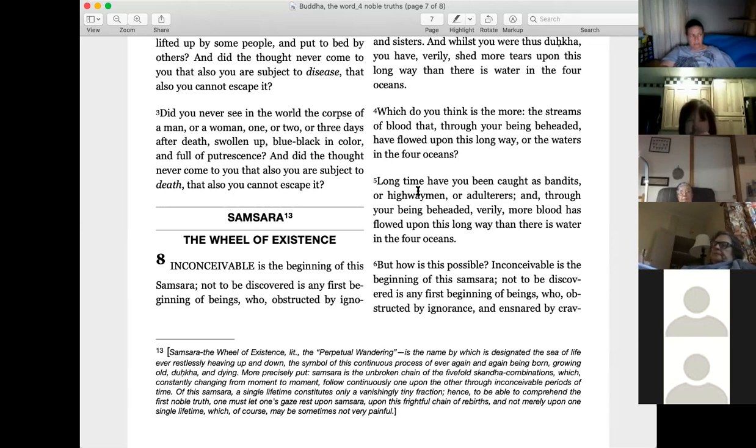So few of us can even conceptualize how infinitesimally small our life is in comparison to all of the process of things coming together and falling apart that happened before we even appeared here. And again, all of this isn't to bum you out and make you feel like, I'm just a nothing.